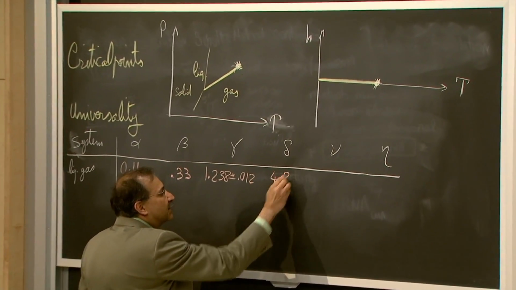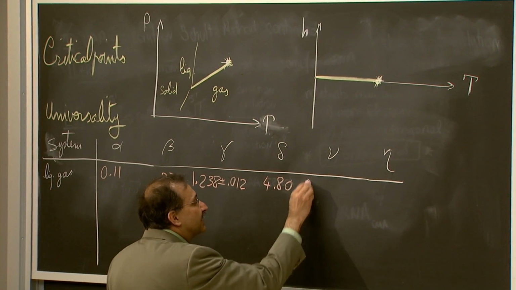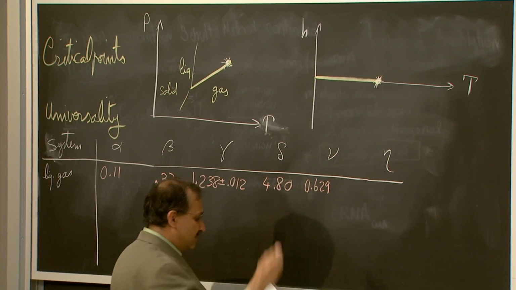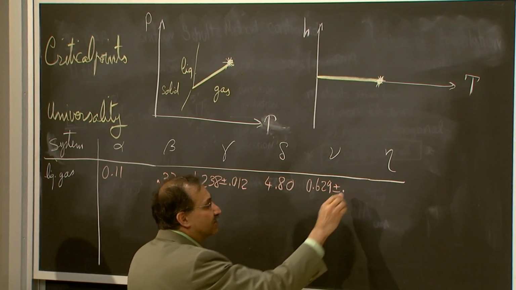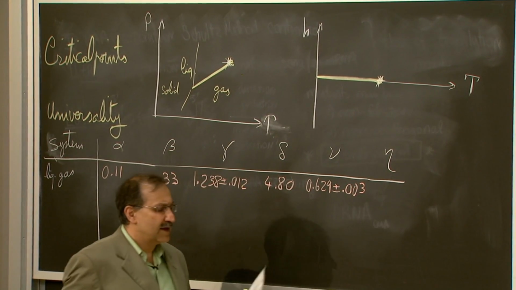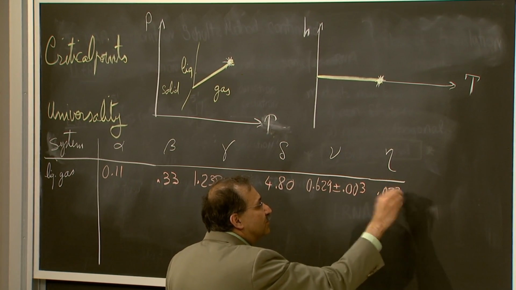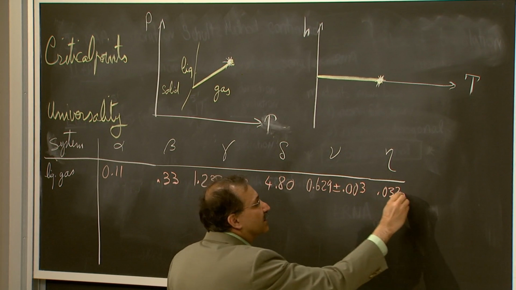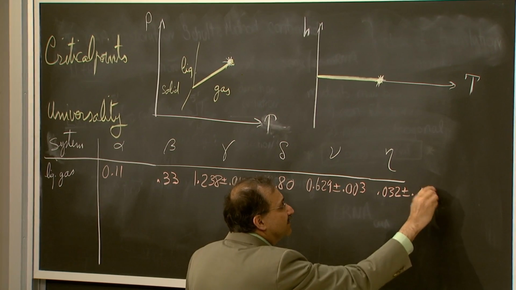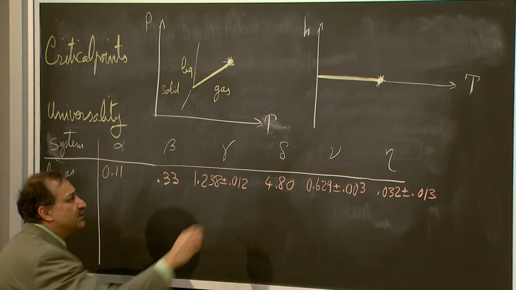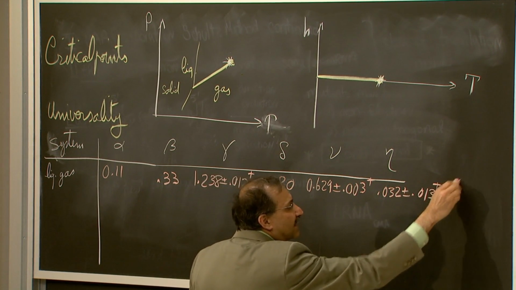Delta is 4.8. Mu is, again, from light scattering, 0.629 plus or minus 0.003. Eta is 0.032 plus or minus 0.013. And essentially these three are obtained from light scattering.